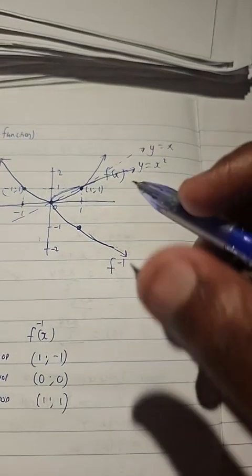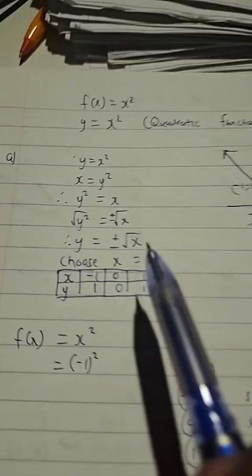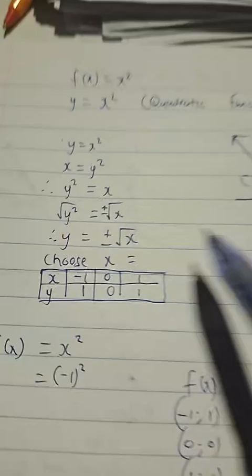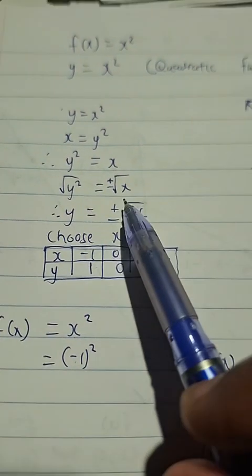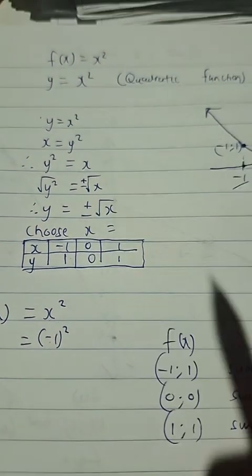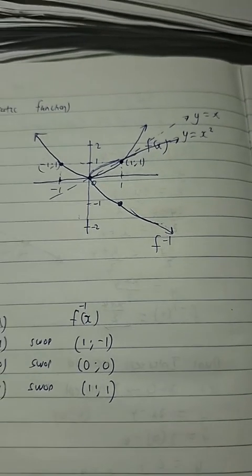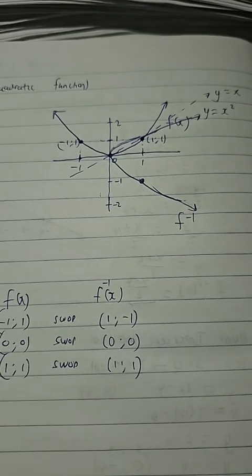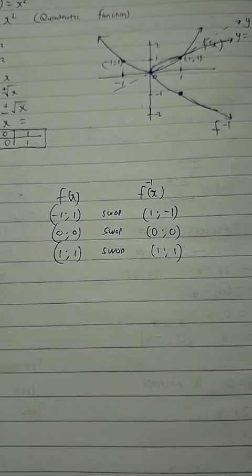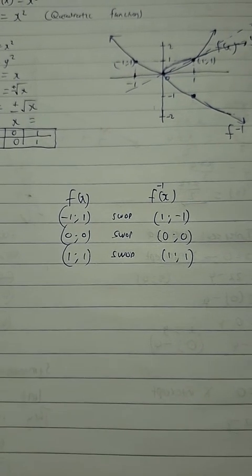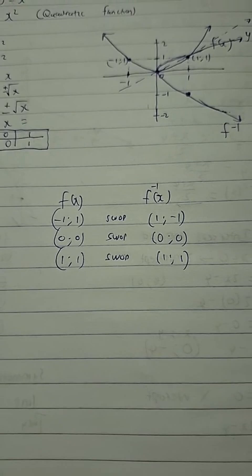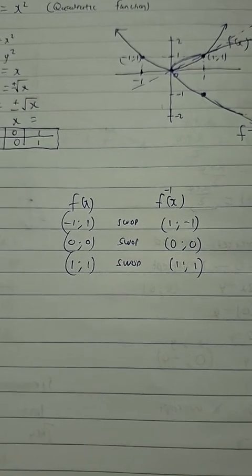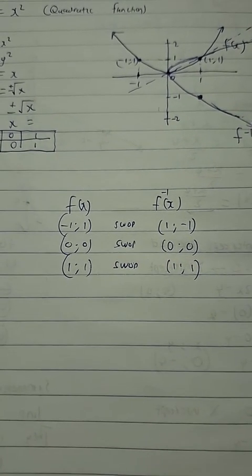So the inverse of the function is y is equal to plus minus the square root of x. I just wanted us to see how we are able to sketch the inverse of a function just like that. For now it's just us sketching the inverse of a particular function.